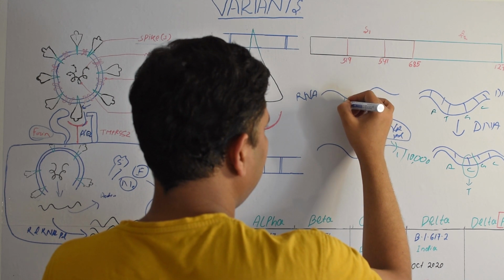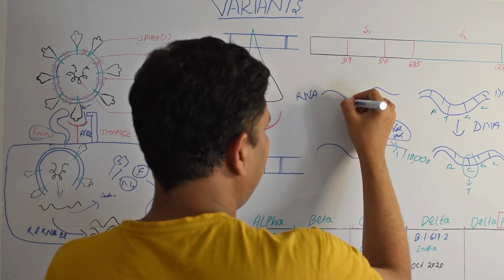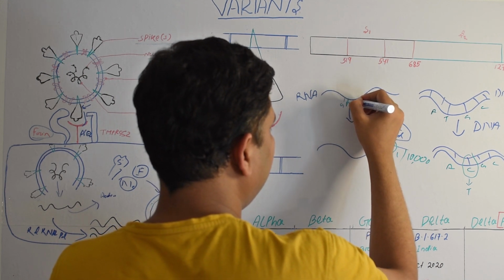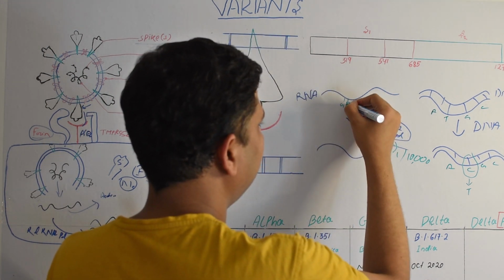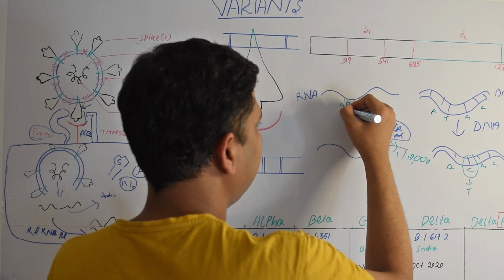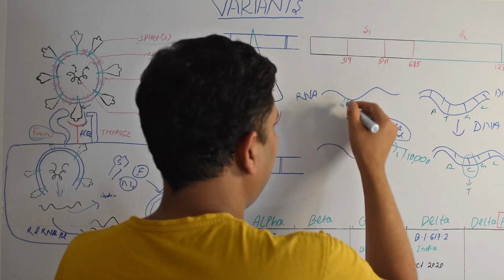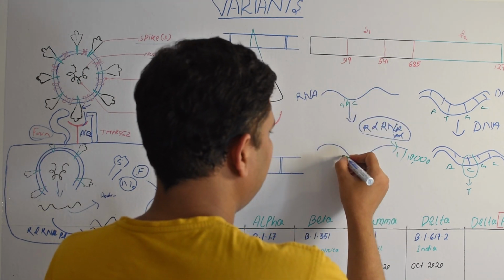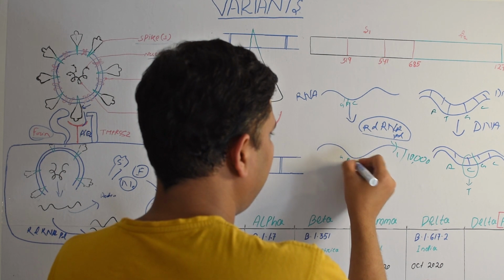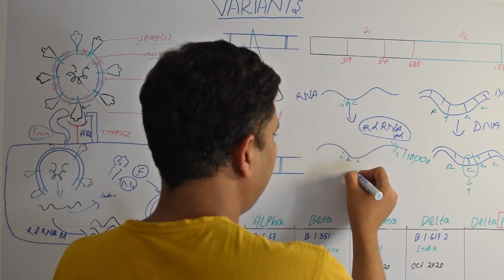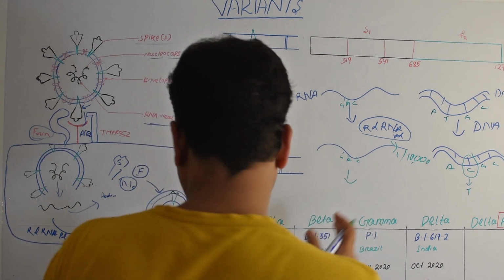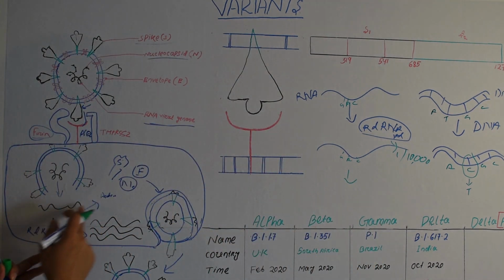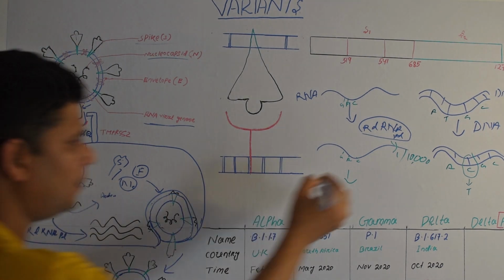Asparagine is encoded by A, A, C, and this copies to G, A, C, and after that comes the protein translation, which I told about here.